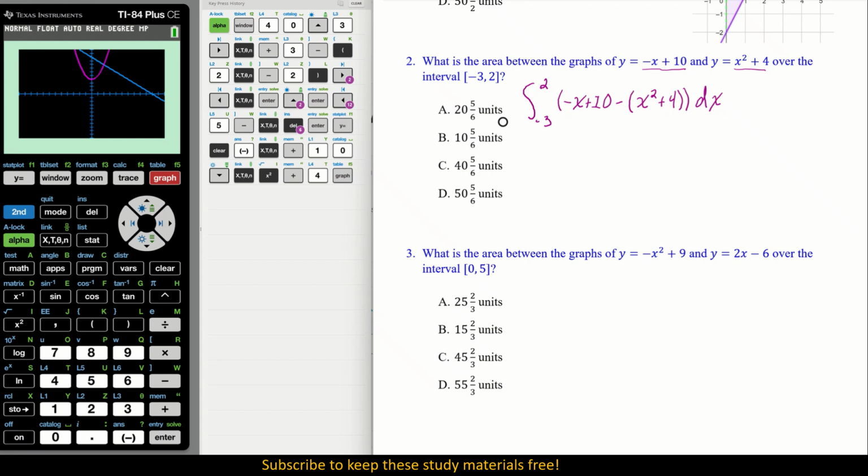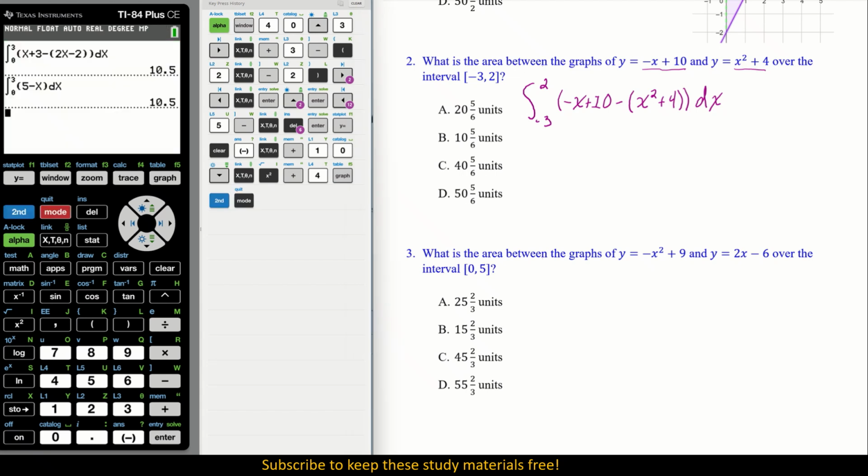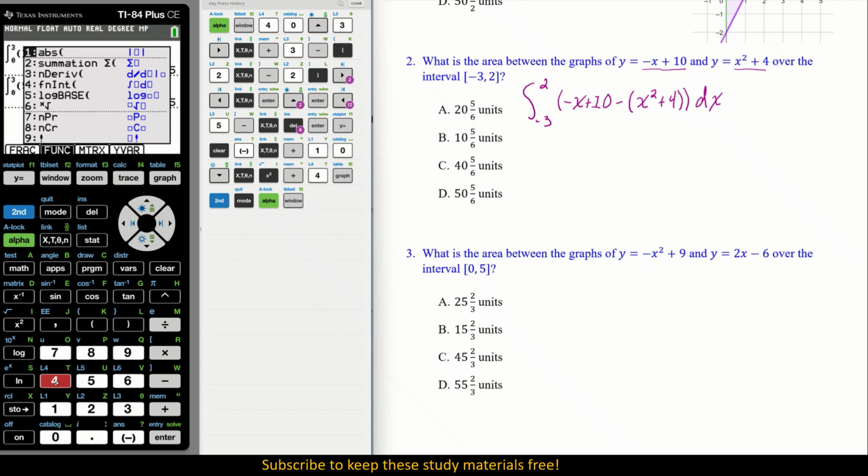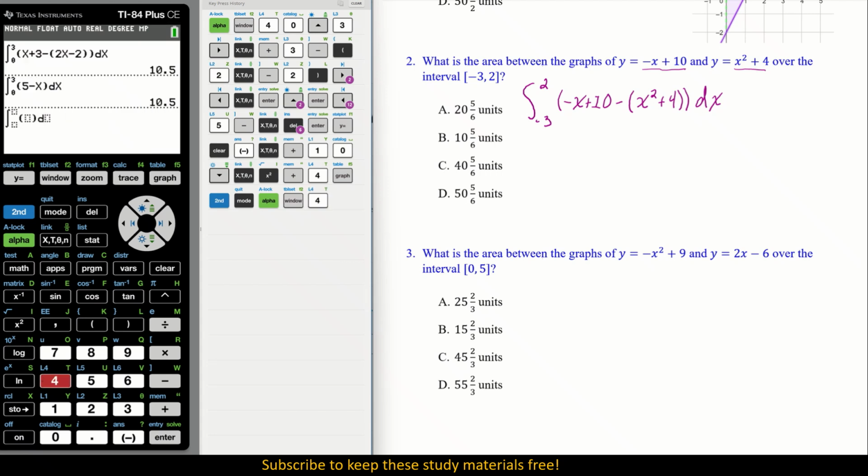Now you just type it in exactly the way you see it, and we should turn out just fine. So let's do second mode. Now alpha window number 4. We have negative 3, let's go up to the 2, go over negative x plus 10 minus.